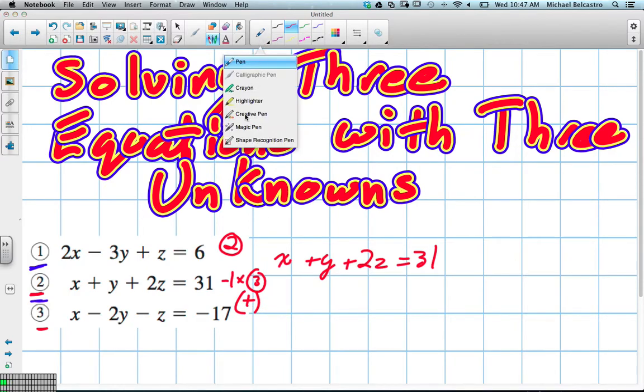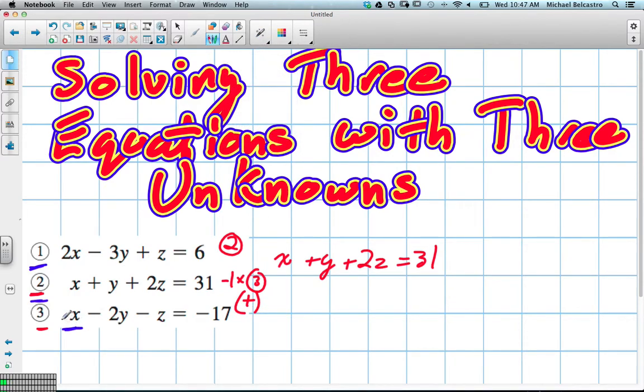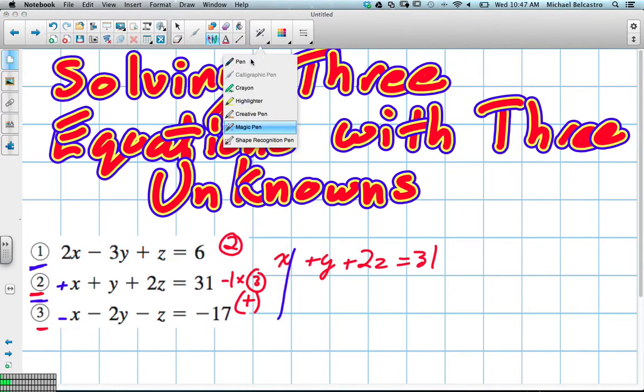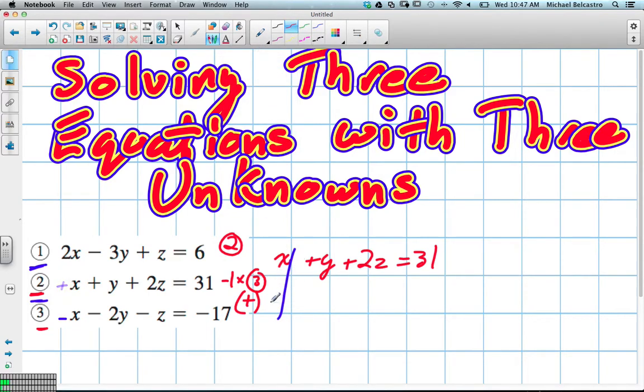The reason is that it gives my x a negative coefficient, so that when I add positive x and negative x, they'll eliminate each other. Okay? There's a lot of forethought in this. We'll have negative x plus 2y plus z is equal to positive 17.